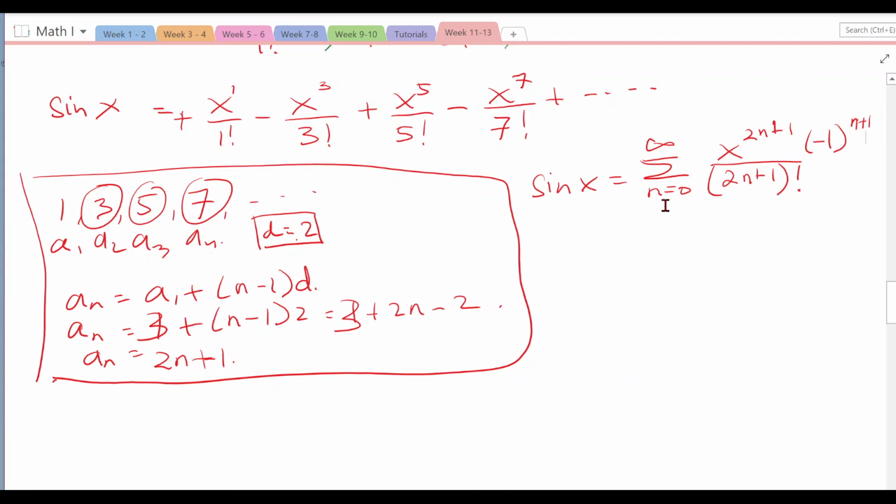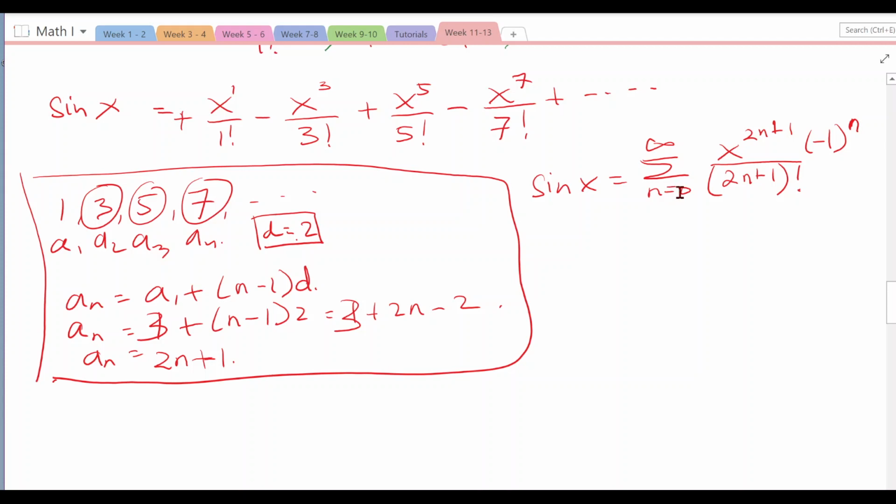So starting from n equals 0, I think the first one was correct, and we just use negative 1 to the power of n. At n equals 0, negative 1 to the power of 0 is simply 1, which is the first term. When n is 1, it becomes negative, which is the second term, and the sign is negative as well.